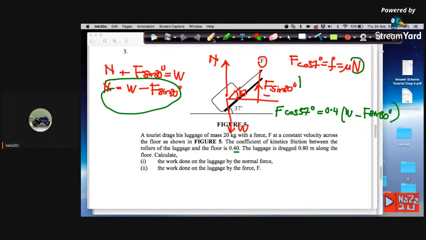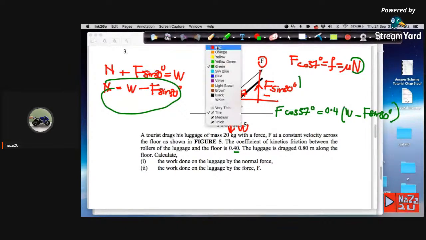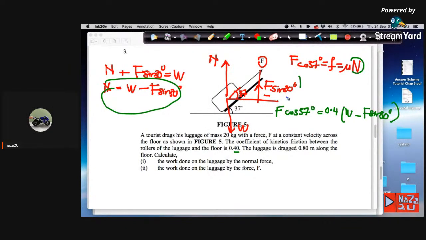Jadi daripada sini, item yang kita nak cari ialah F. Kita nak cari force F, dan kita tahu mg, force kat sini.